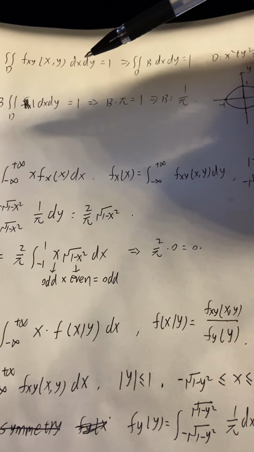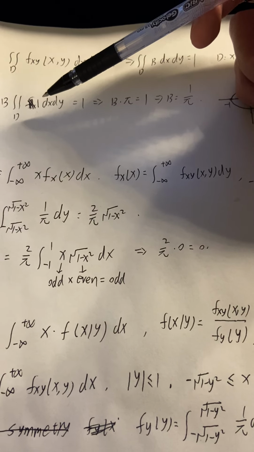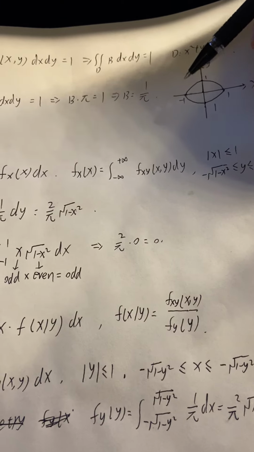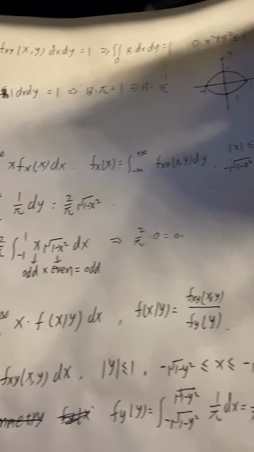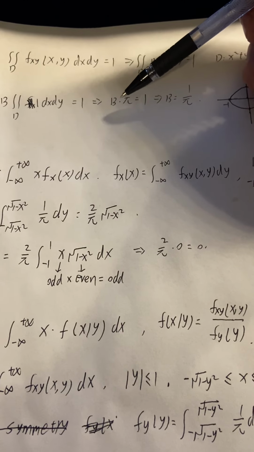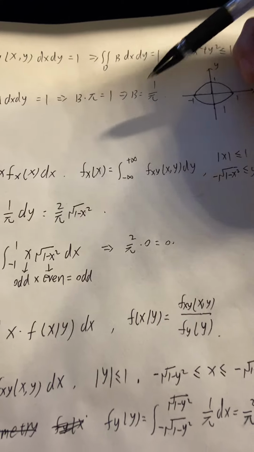The double integral of 1 is the area of the circle, which is pi. So b times pi is equal to 1, so b is equal to 1 divided by pi.